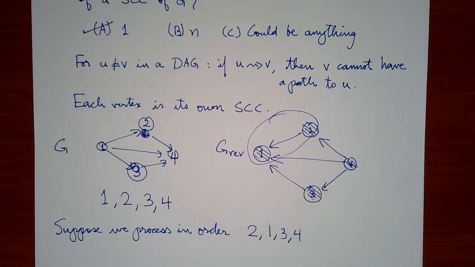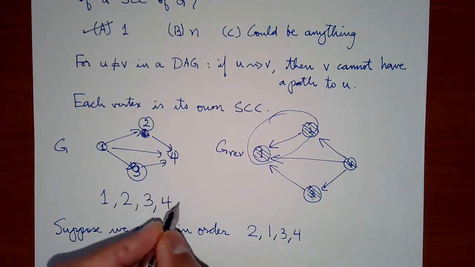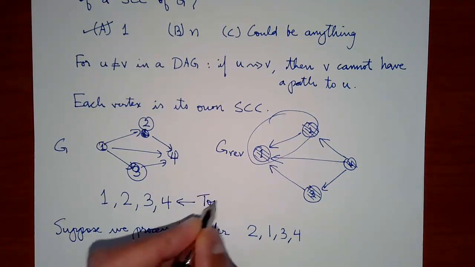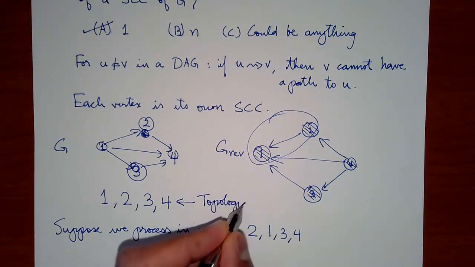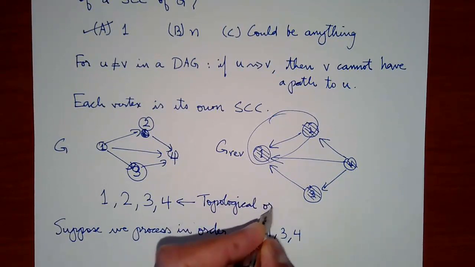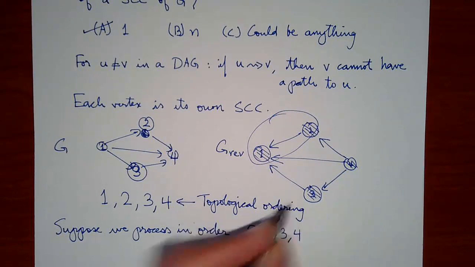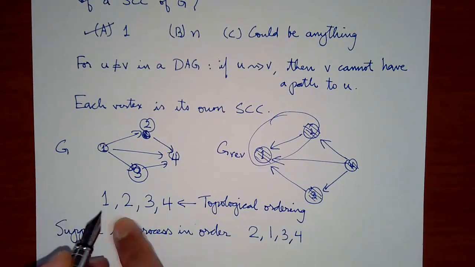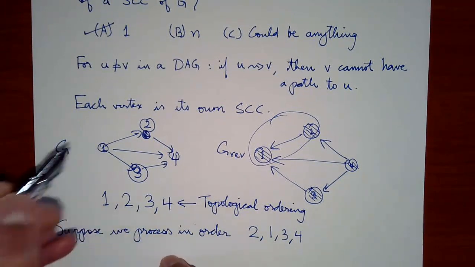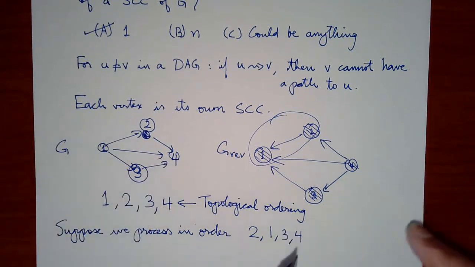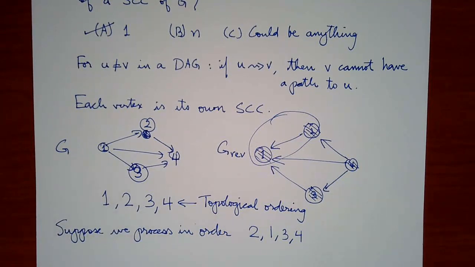And of course, 2, 1 is not a strongly connected component. So what is key is that this is a topological ordering. You can also observe that instead of 1, 2, 3, 4, if it was 1, 3, 2, 4, the same thing would work. Any topological ordering is valid, just for this example. Does this make sense?